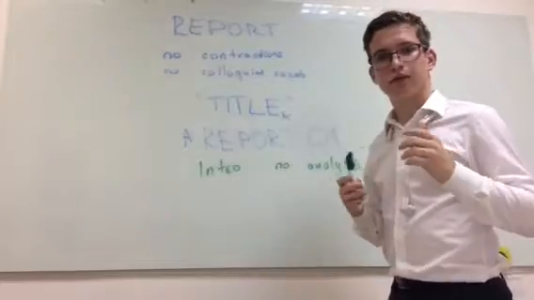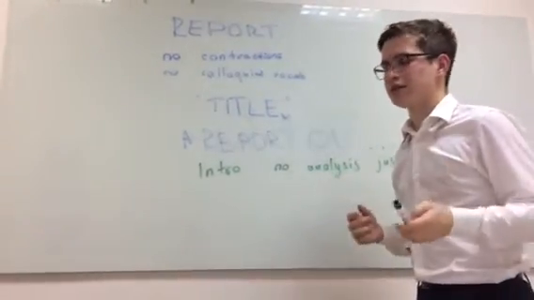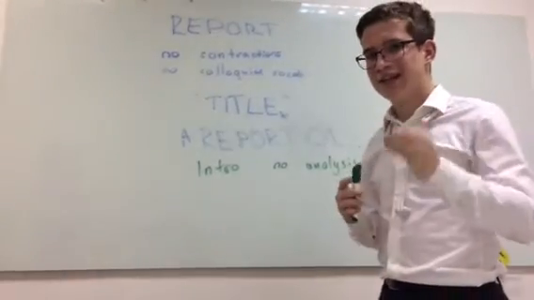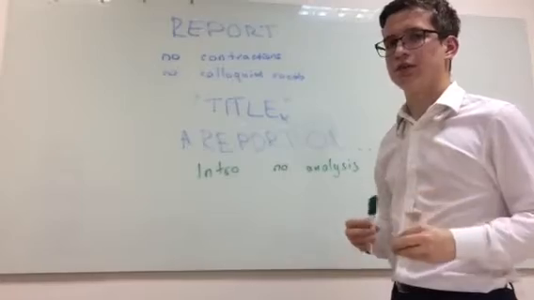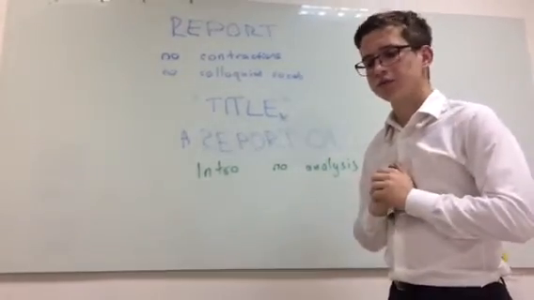Next comes the main body, in which you analyze the data given to you in the graphs, and you do not only state it, you analyze it, because if you only state it, you're missing the whole criterion.